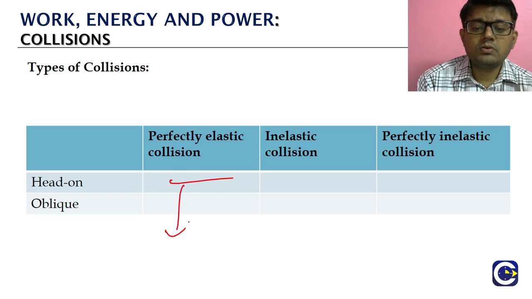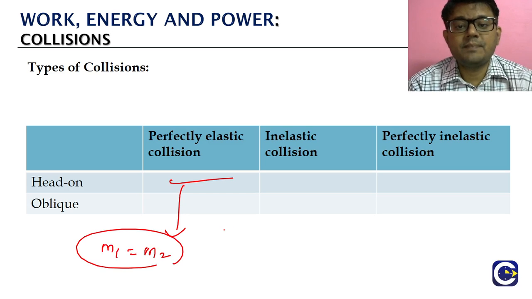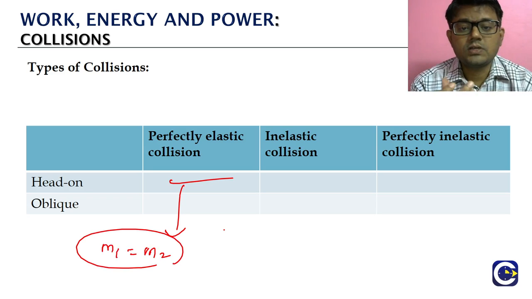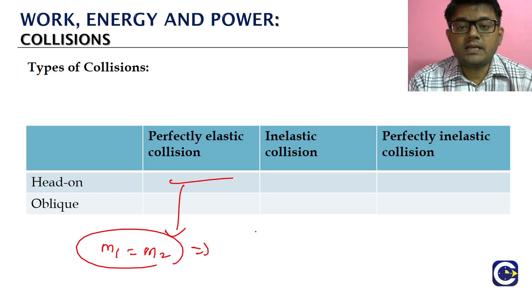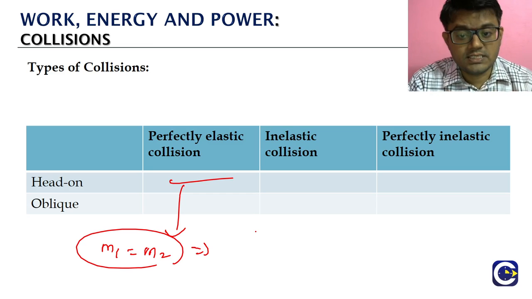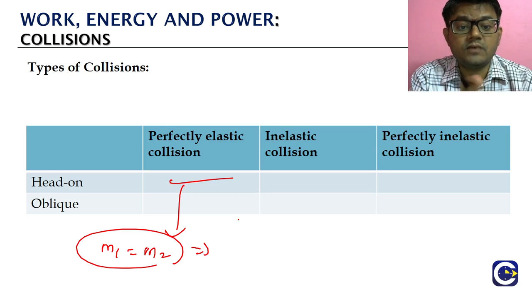Already in the previous session, when we discussed the perfectly elastic head-on collision, we talked about the special cases. One thing that we have discovered is that if the collision is happening between particles of equal masses, the particles will actually interchange their velocities after the collision. So we are in the perfectly elastic head-on category.